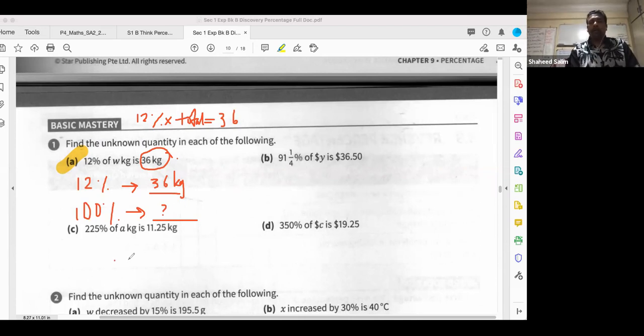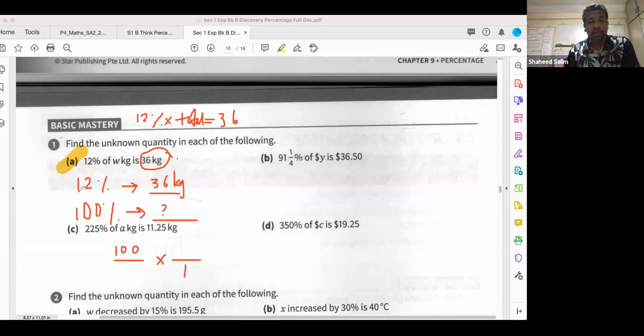You use the method I taught; this is the best way. But still, if you are confused, then you can go back to the primary school method. No choice. Let's say you say, I need to find 1%. Okay, you find 1%. But this method will actually use 1%. So you put 1 here. What you want to find? You want to find the total weight, W, which is 100%, right? 100 at top. If this is percent, below must be percent.